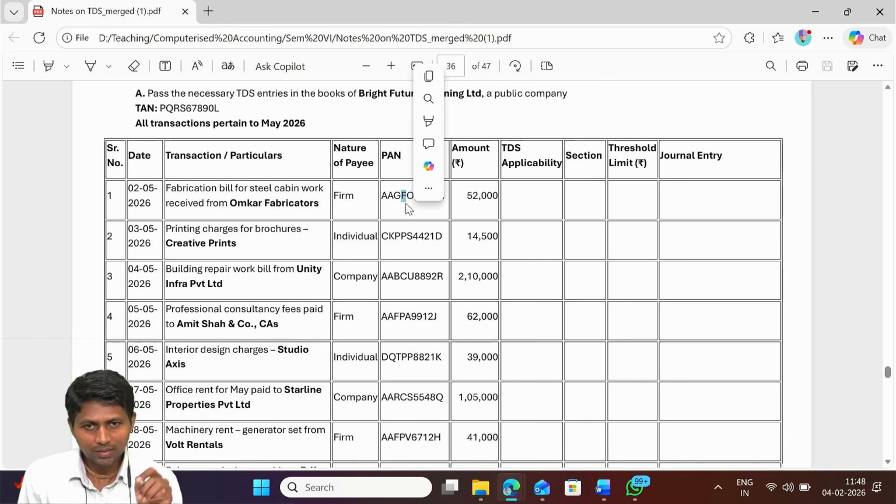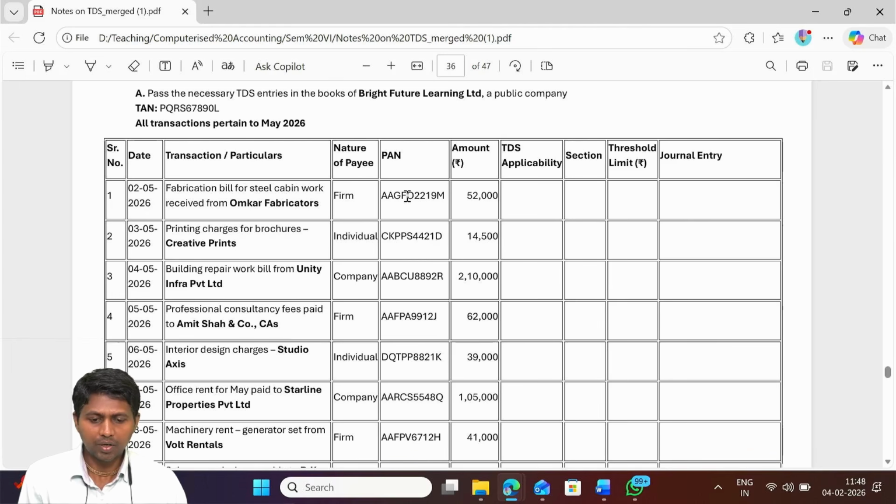For individual, just remember you will get P, and for artificial judicial person, instead of A, because we have already used A, don't use A again for artificial. Instead of that, you get J. Correct. Now, like this, you can identify. You'll ask me why it is important to identify the nature, because for some TDS sections you will find rates based on the nature of the person.